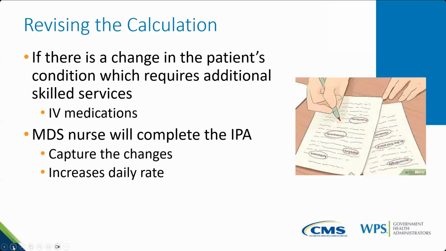For situations like this, the MDS nurse will choose to complete, again, that interim payment assessment, or the IPA, to make sure they capture these changes and eventually increase the daily reimbursement rate. The MDS nurse should be alert to these changes to ensure timely completion of the MDS assessment.